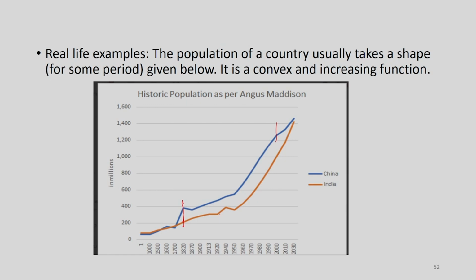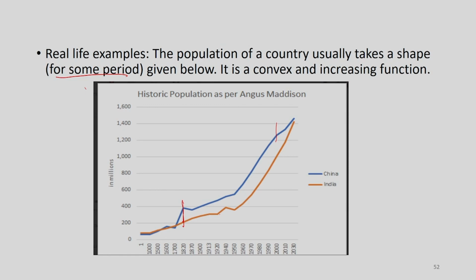But notice what I have written here, for some period. That means that this convexity is there, but it may not last for a long time, and that is actually what we have been seeing in case of India and China also, that after a point of time the convexity is not there and the function starts to taper off. It becomes more or less a concave kind of function. It rises but at a declining rate, that is a concave function.